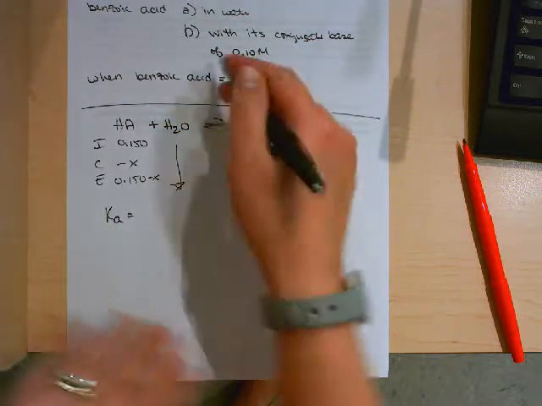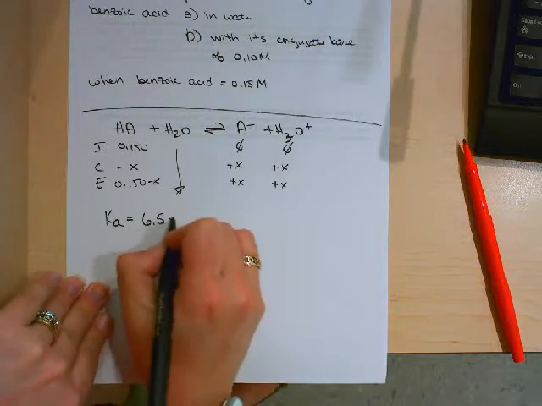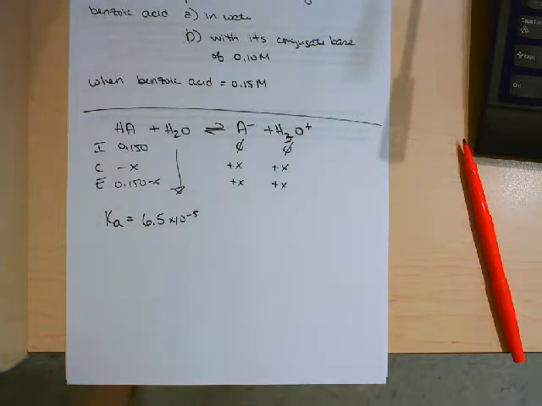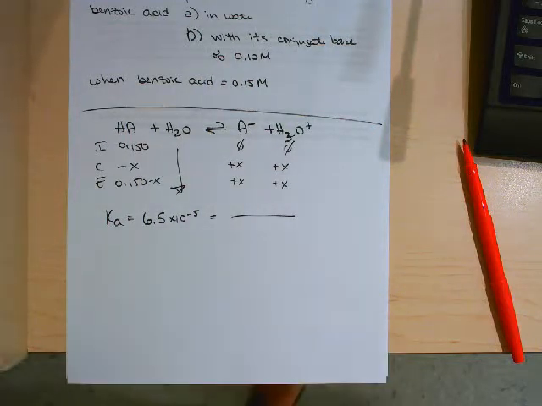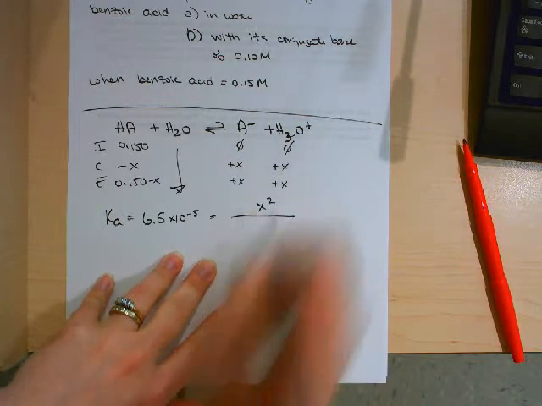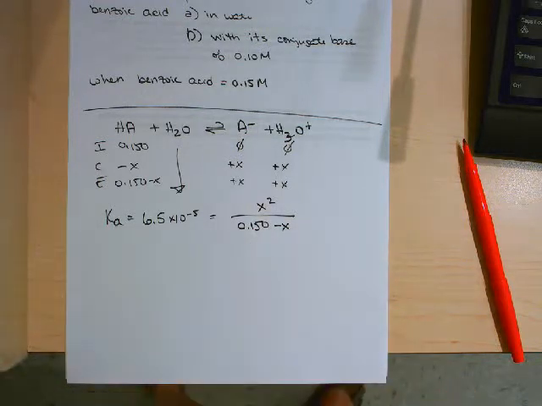I forgot to write up here, but the Ka for benzoic acid is 6.5 times 10 to the negative fifth. Alright, so what goes on the top of my fraction? X squared. What goes on the bottom? Yep. Can I make an assumption that X is small in this case?